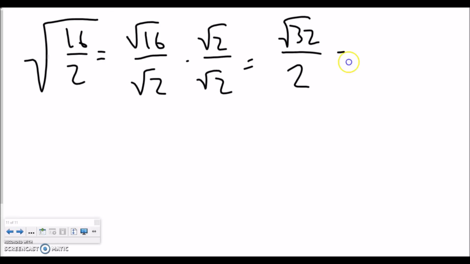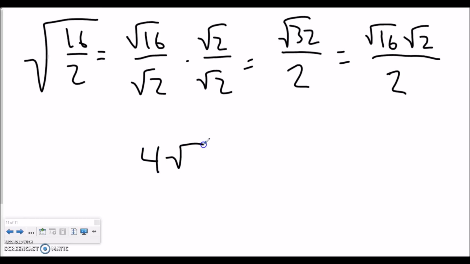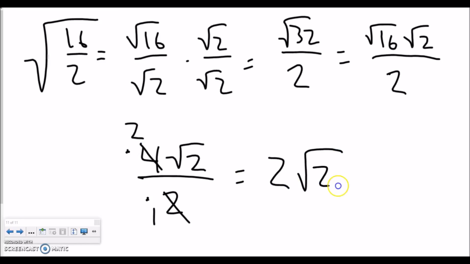You should see that the square root of 32 is the square root of 16 times the square root of 2 over 2. The square root of 16 is 4 square roots of 2 over 2. And now, since the 4 and the 2 are both outside the radical, these can reduce to 2 and 1. So we get the same answer.